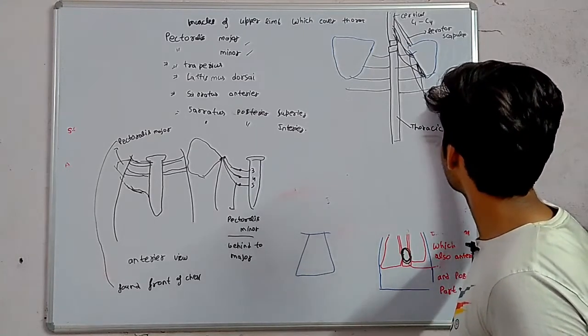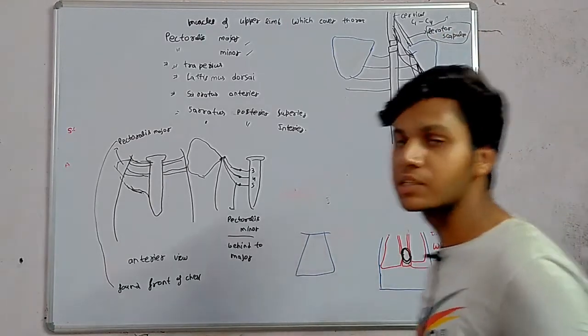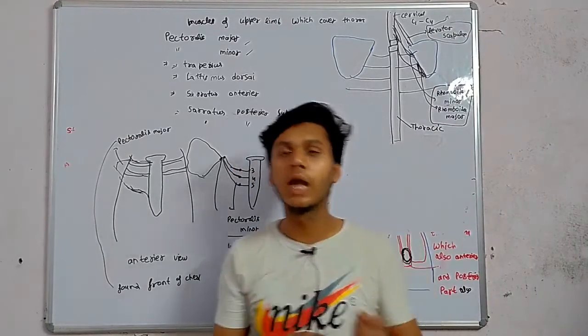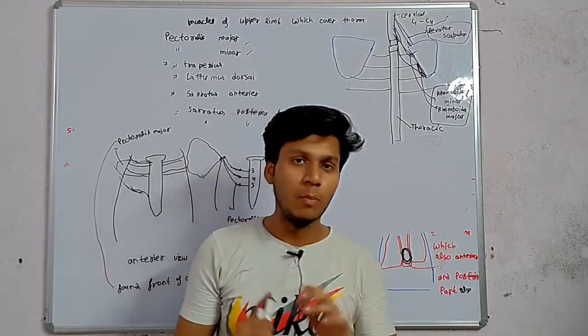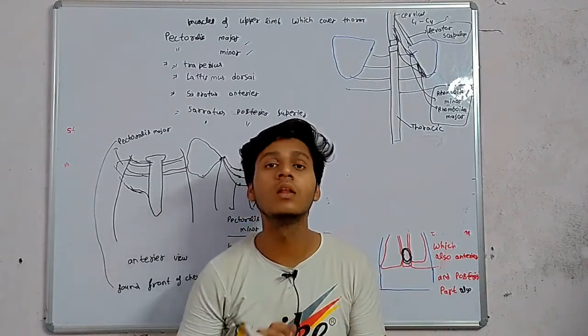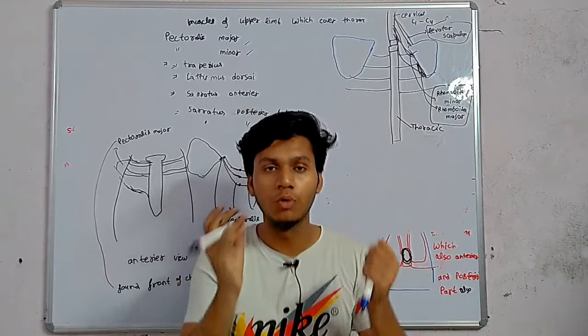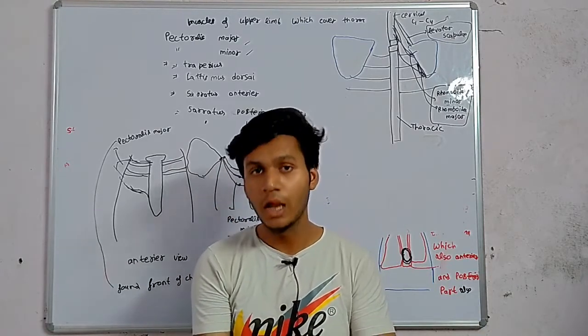These are the muscles of the upper limb which also cover the thorax. These are extrinsic muscles. You know extrinsic and intrinsic. The intrinsic muscle is part of that area, and the extrinsic muscle comes from another place to that part.